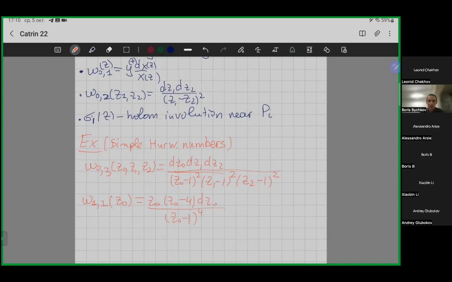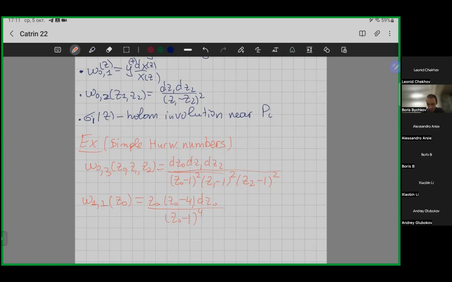They are rational meromorphic forms on CP1, and they are symmetric in these z variables, so you really can compute them.